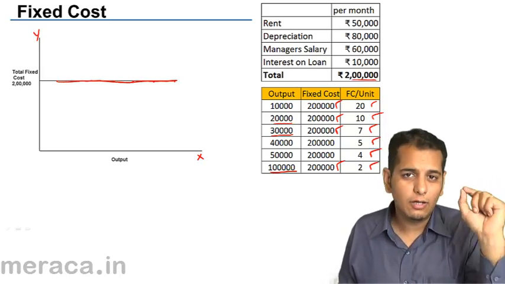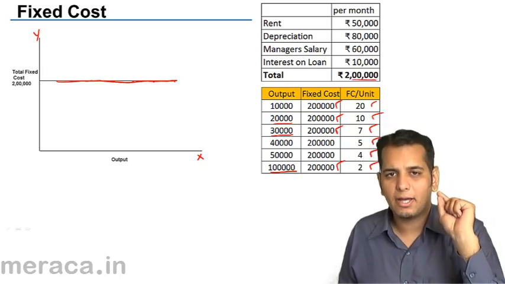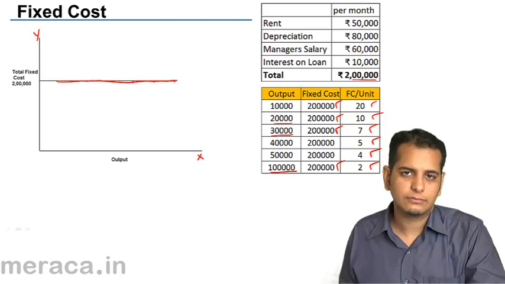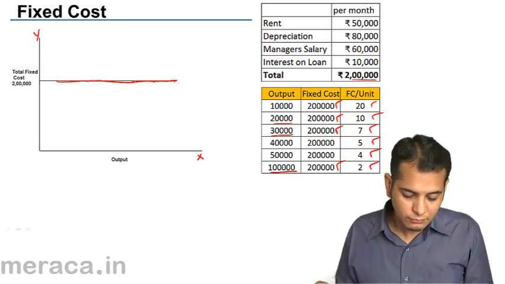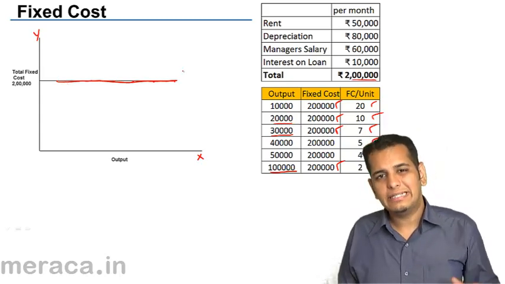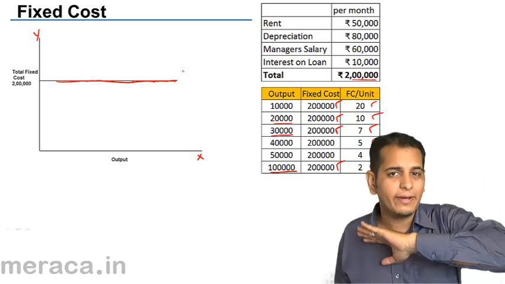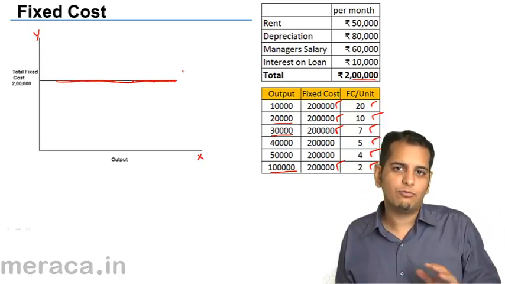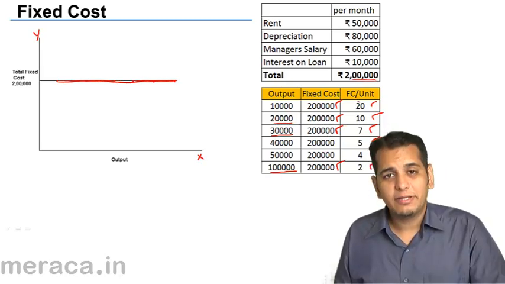So the curve for fixed cost is always parallel to the x-axis, because the fixed cost does not change, it remains constant for any level of activity, for any level of production.